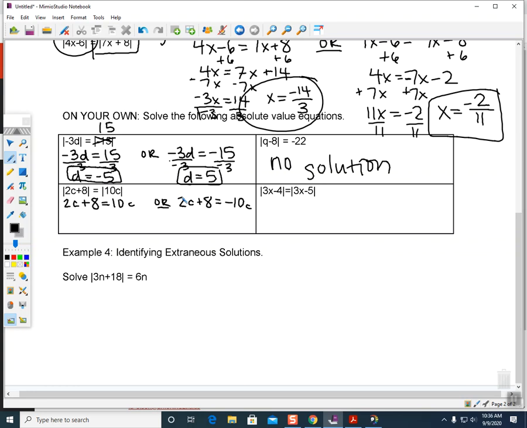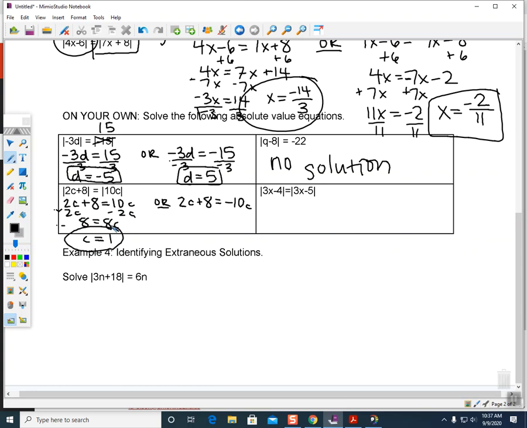I am not going to touch my constants. I made that mistake earlier today because it doesn't matter, right? I can just leave it where it is. So I'm just going to subtract 2c from both sides. I'm left with 8 equals 8c over here, which tells me that c is 1 on this side.